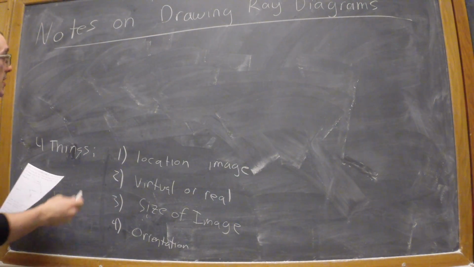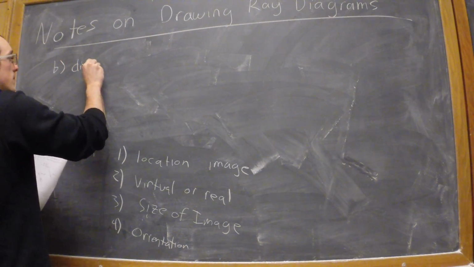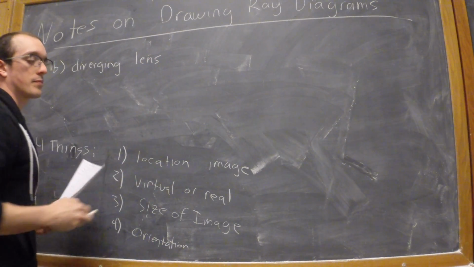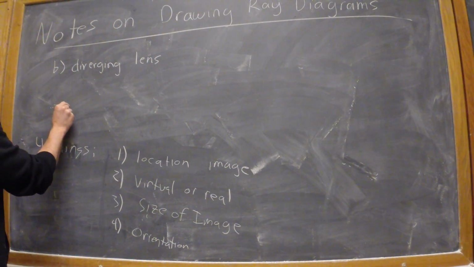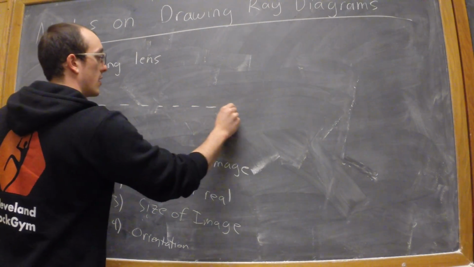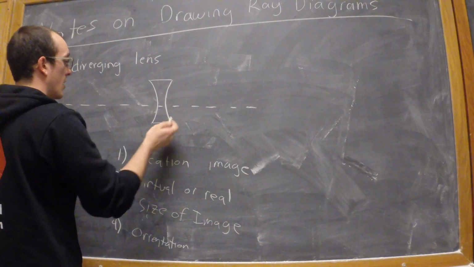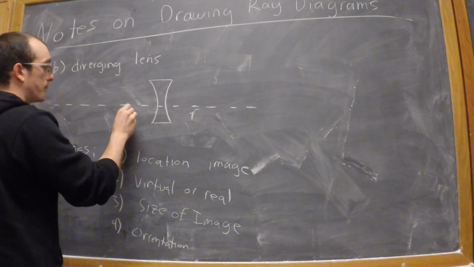So then the second type of lens that we'll talk about is a diverging lens. All of the ideas that we have still hold, except now we draw a diverging lens this way, and they still have some focal point.